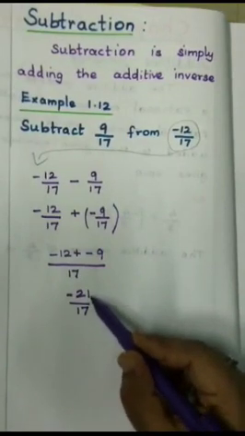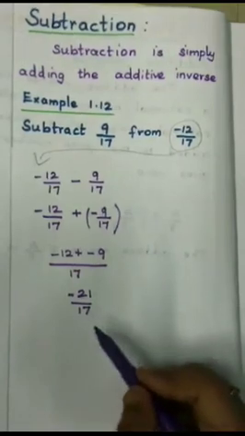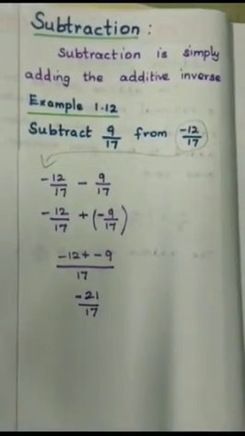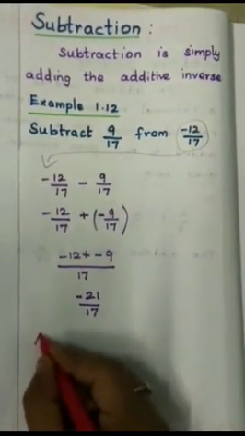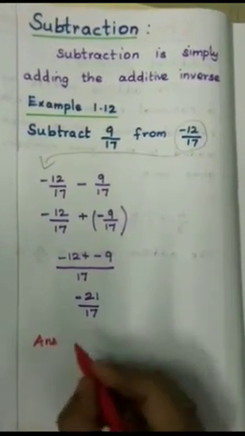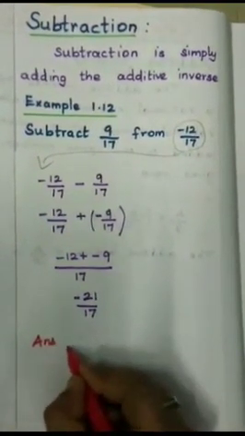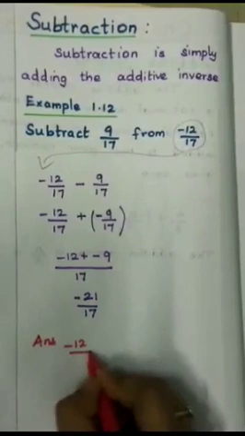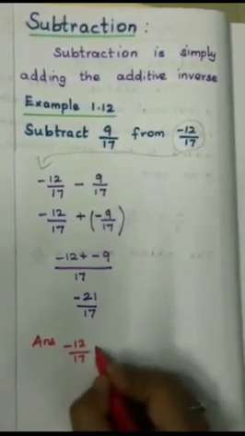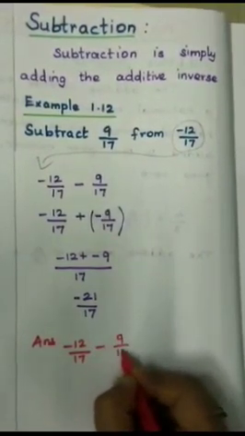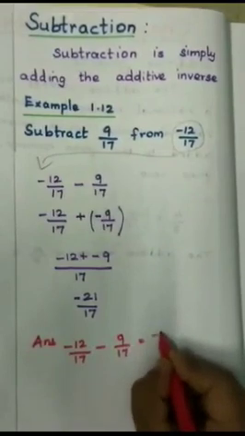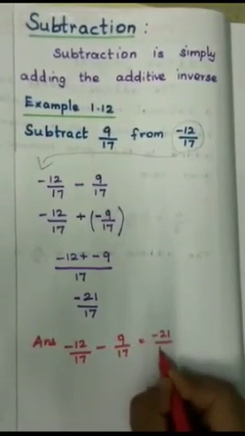No, we don't have any common factor. So write the answer. Answer: minus 12 by 17 minus 9 by 17 equal to minus 21 by 17.